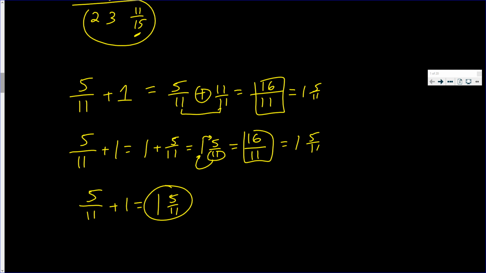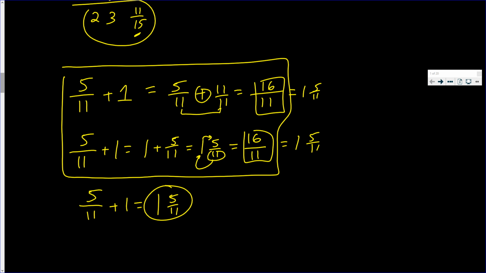So if you want to write it as a fraction, you can do one of those two ways, either way. If you want to write it as a mixed number, it's easy. It's just 1 and 5 elevenths.